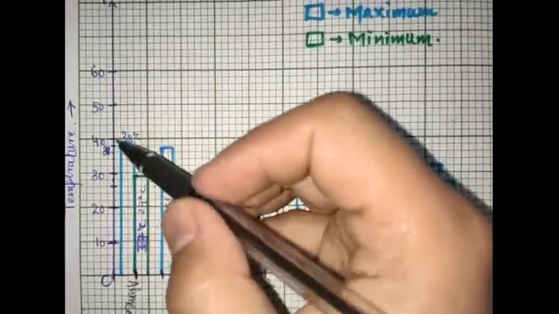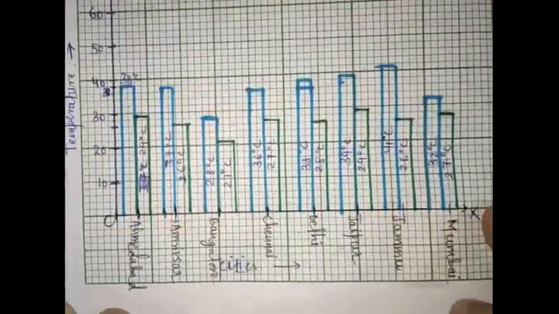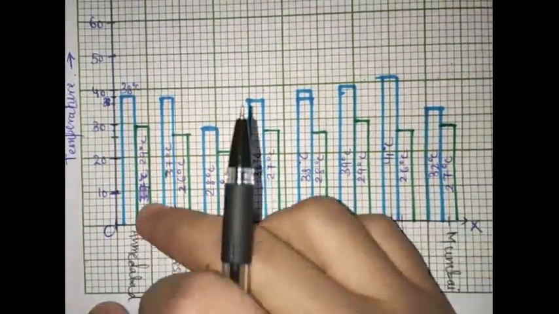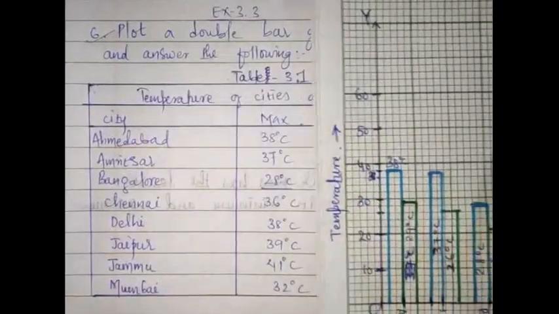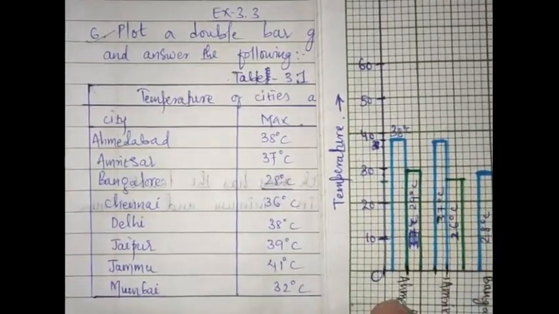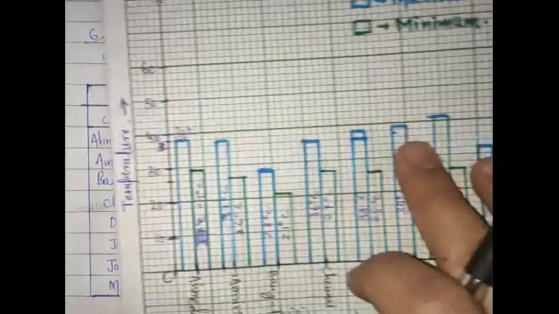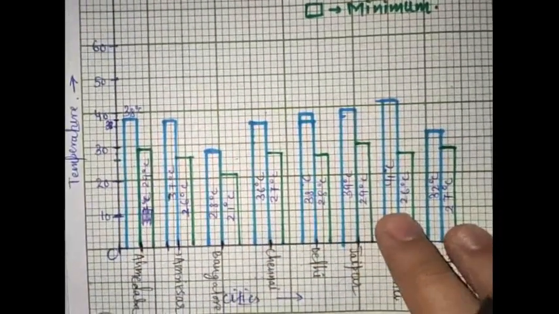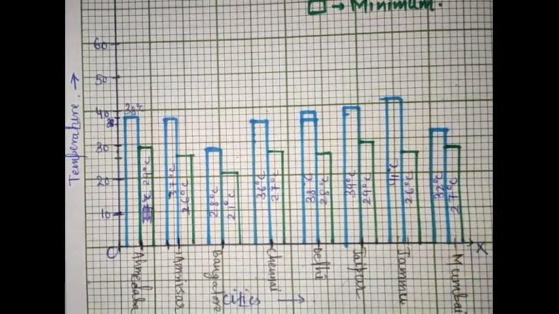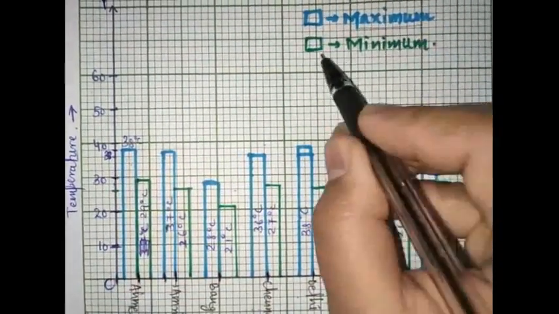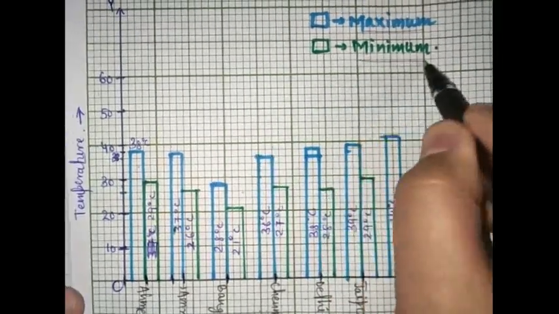On the y-axis I have placed temperature, and on the x-axis I have placed the cities. According to the table, for Ahmedabad the maximum temperature is 38 and the minimum is 29, so I have drawn it that way. The blue bar indicates the maximum temperature and the green bar indicates the minimum temperature.